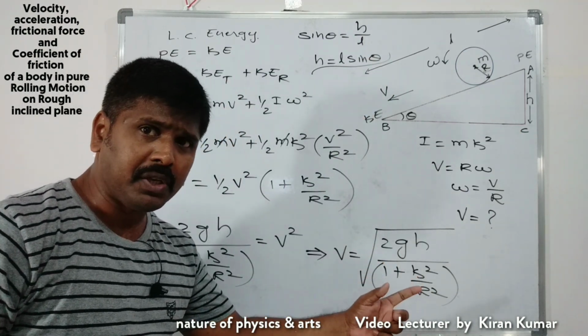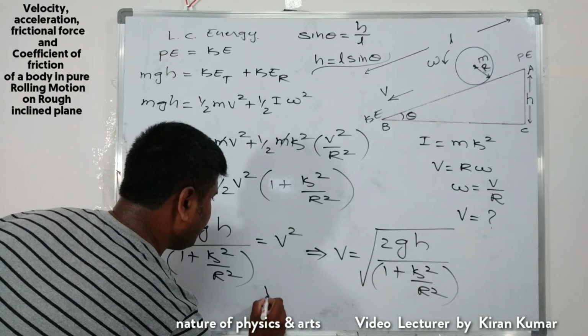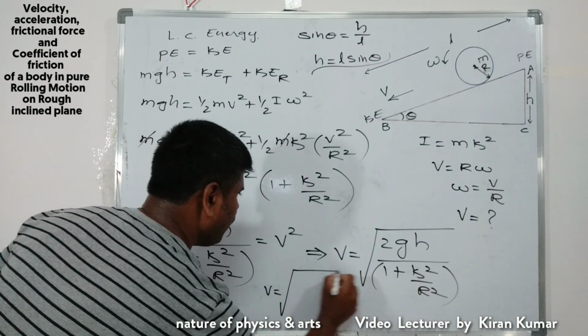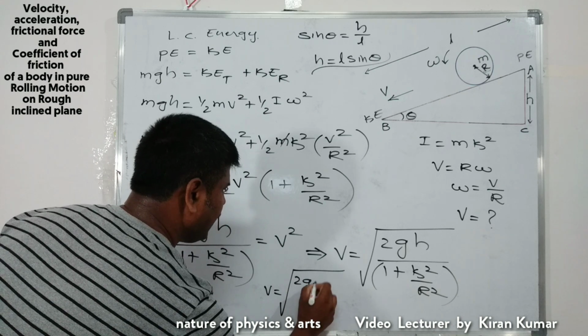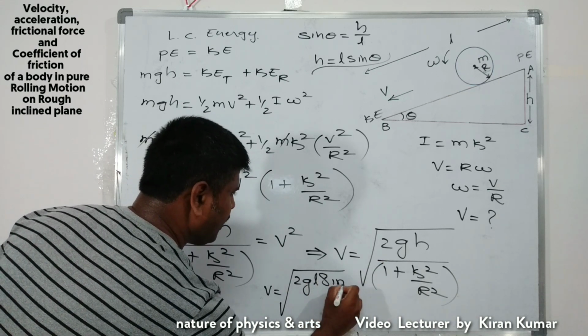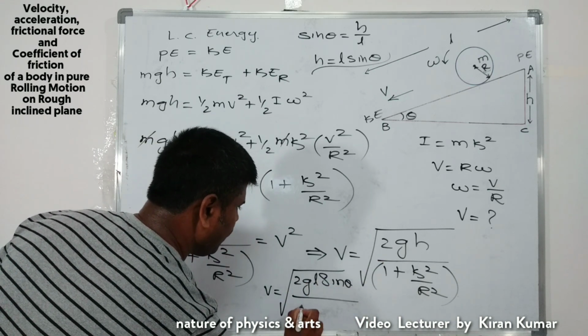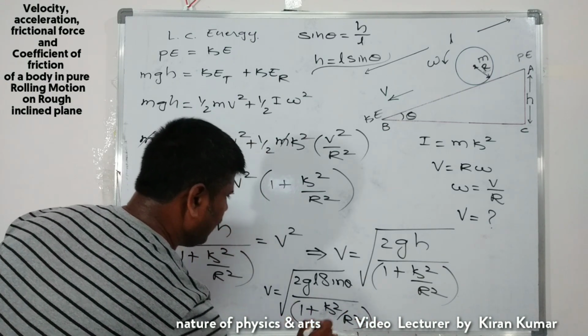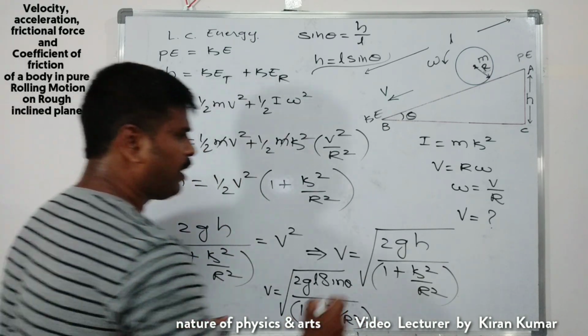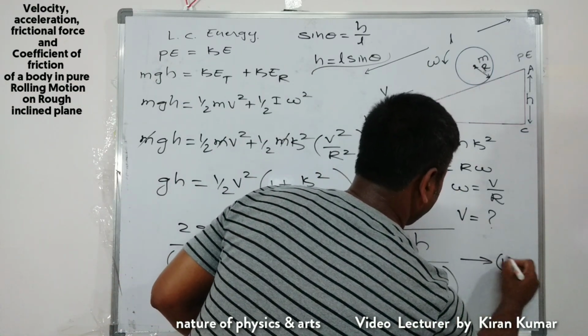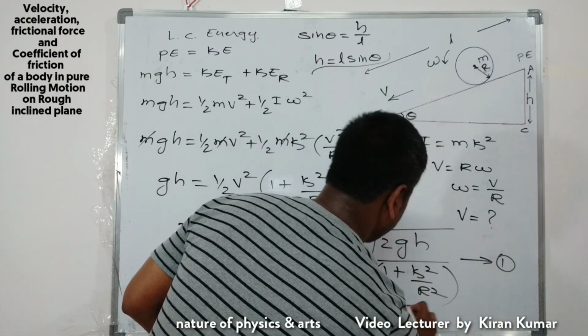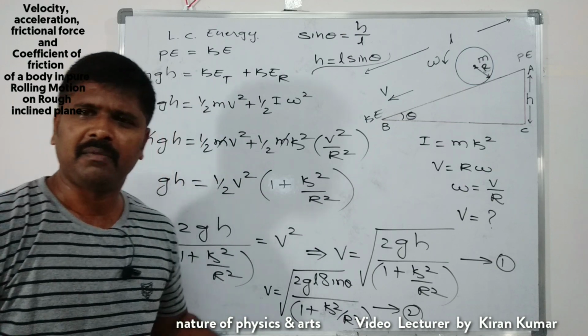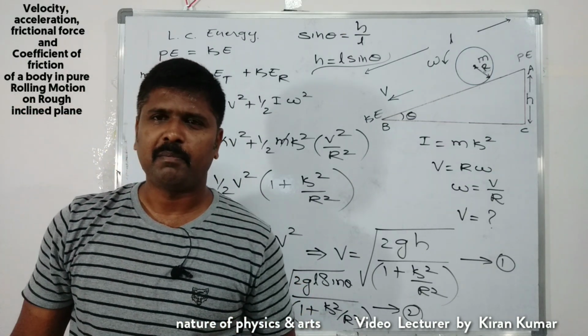So the second equation for the velocity: v is equal to the square root of 2g times L sin θ divided by (1 plus k²/r²). This is the second formula, and this is the first formula. These two represent the velocity of the rolling body on the inclined plane.